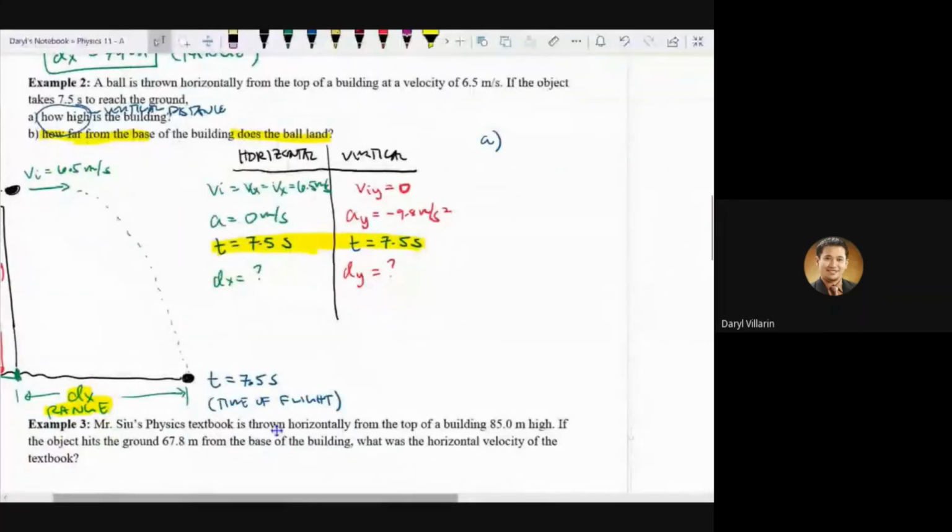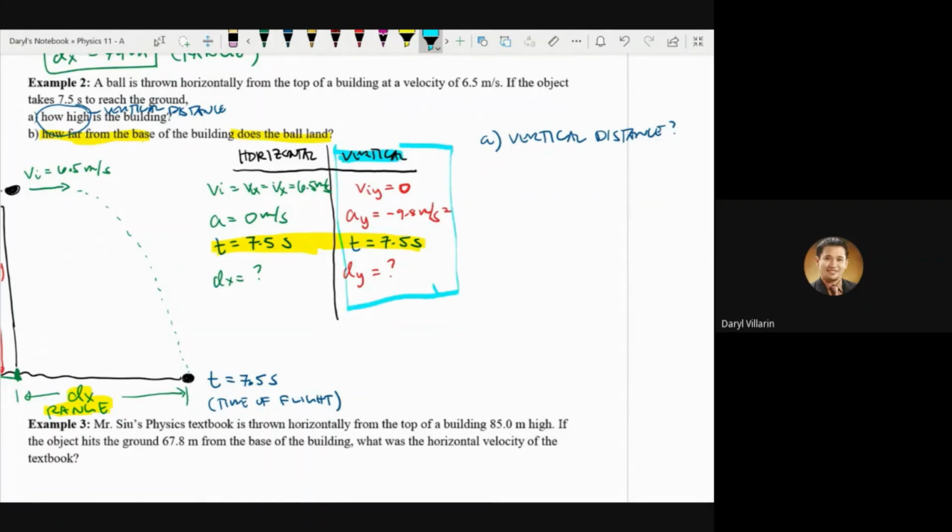Okay, going back here for letter A. Since I want to solve for the vertical distance, I'll be dealing with the things that I know here, okay? And the vertical distance is related to my dy. So therefore, I'll be using an equation that can solve for the value of dy, and that is just given by VIY t plus 1/2 a t squared.